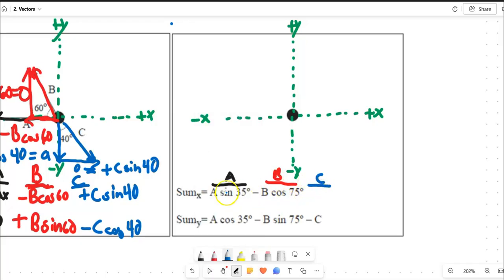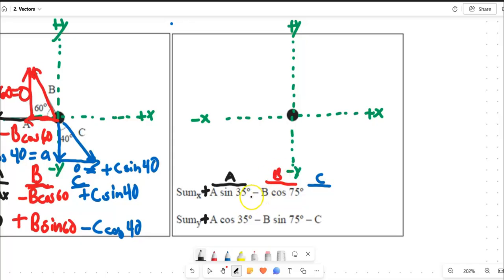Now, if you look in the x direction for A, sine of 35 degrees is a vector in the x direction. And so this is actually a positive A vector, since it doesn't have a negative in front. So this is a positive A vector in the x direction. The y direction vector is also a positive A, but it's cosine of 35 degrees.